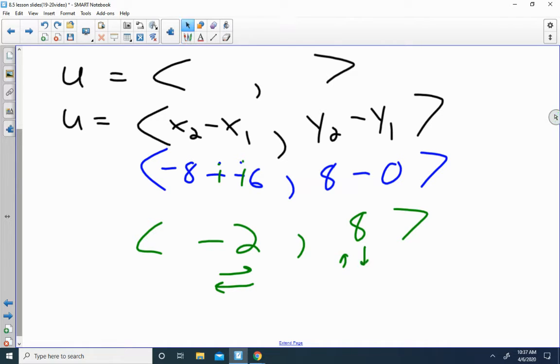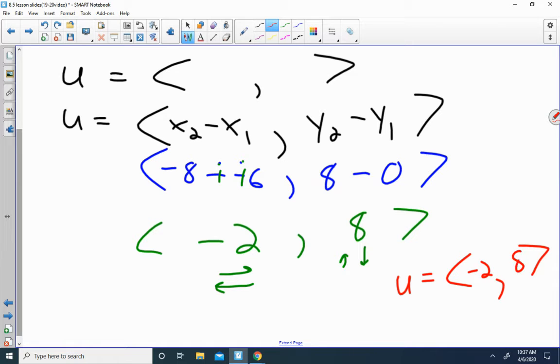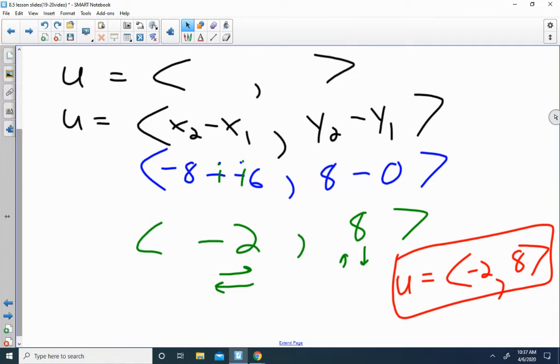That will be the number to tell you to move up or down. So in other words, the component form of vector u, using the vector parentheses, will be <-2, 8>. Easy as that. Much, much easier.